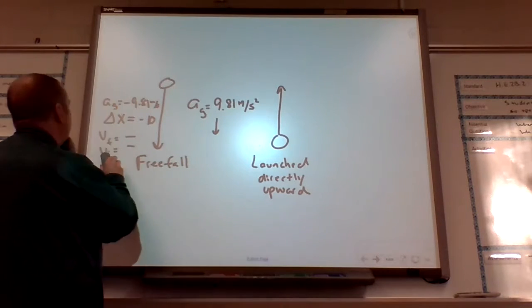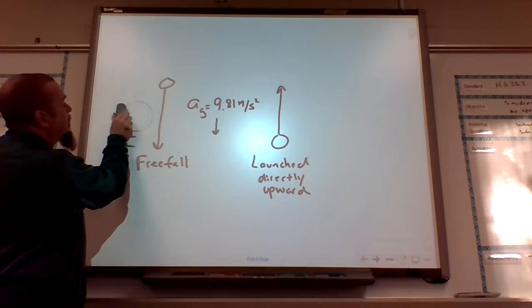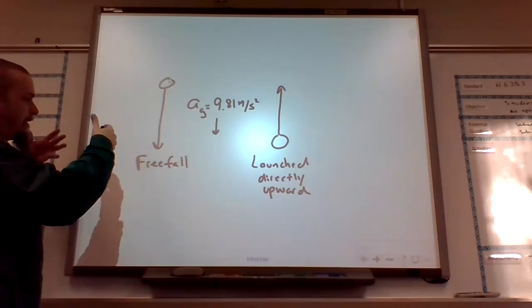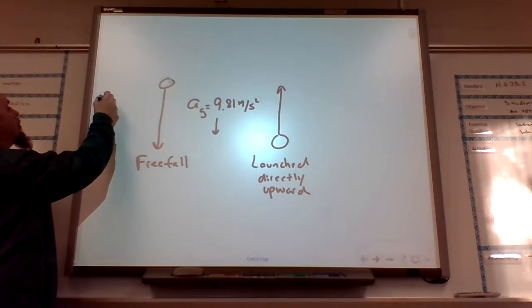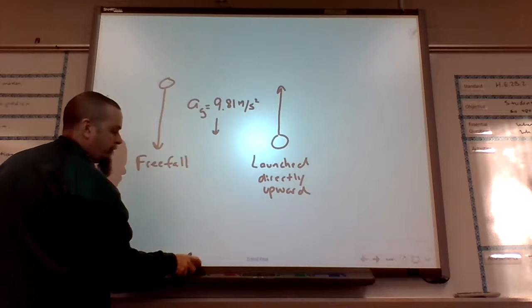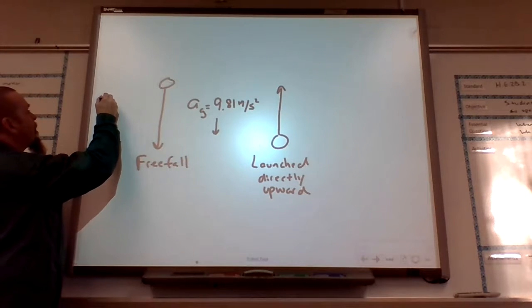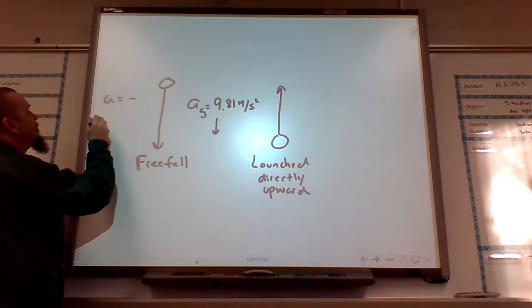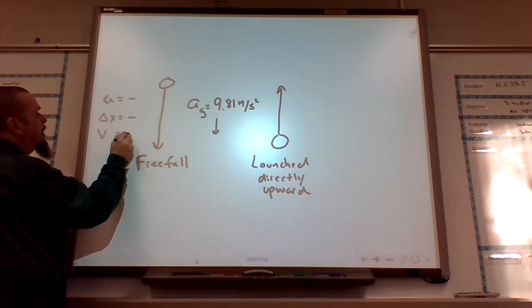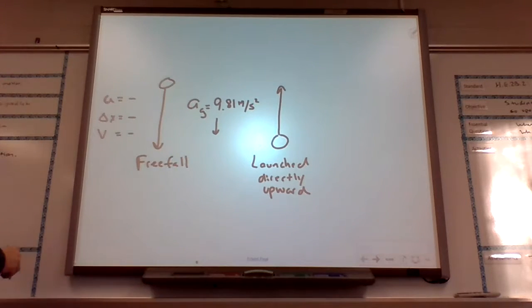So again, using downward as a negative number, your acceleration would be negative, your delta x would be negative, your velocities would be negative because everything's downward. And again, that would allow your signs to resolve themselves correctly in your math, giving you positive times when you do your calculations.